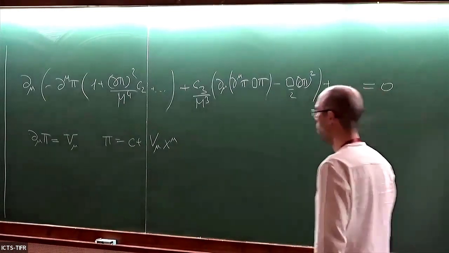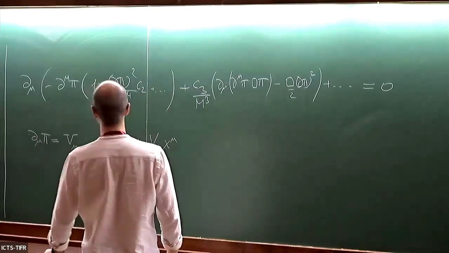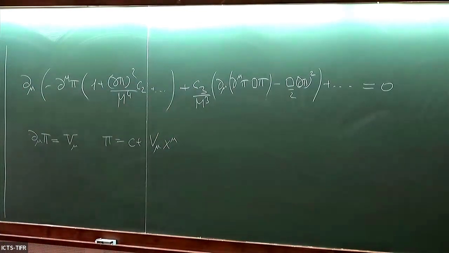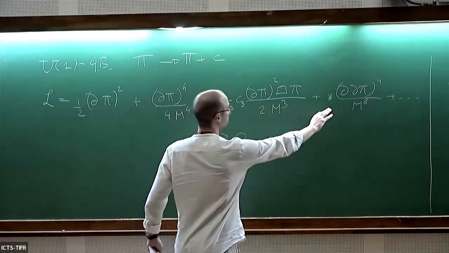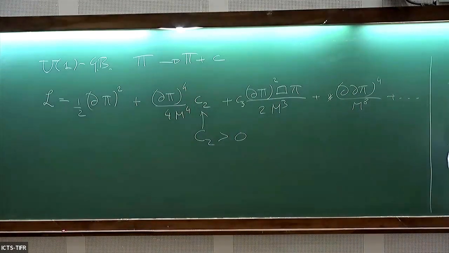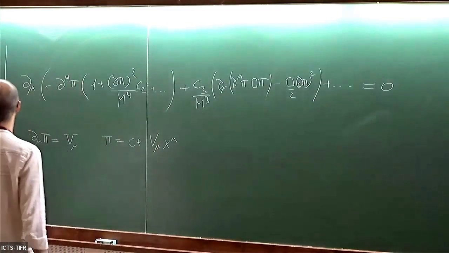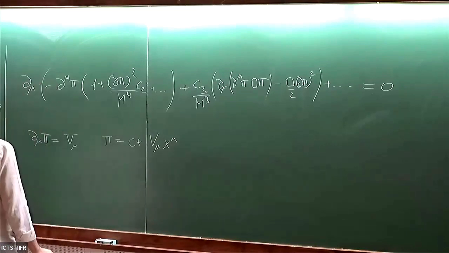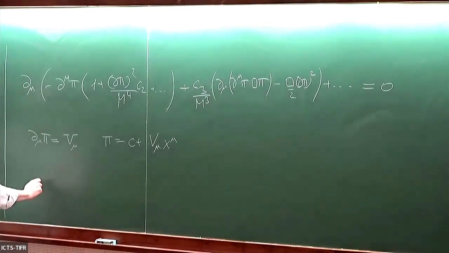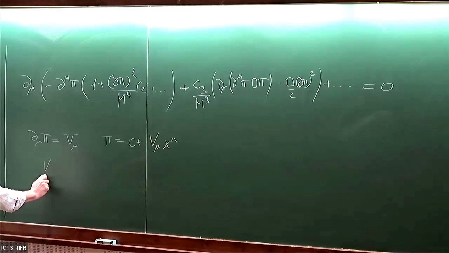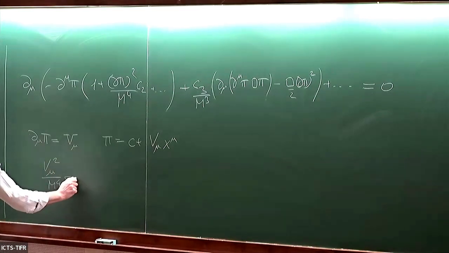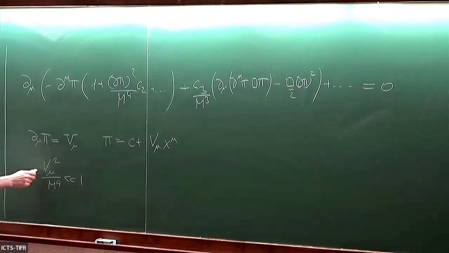It happens also for superfluids, for example; it's also a solution. Let's focus on this case first, where we are neglecting higher derivative corrections. This is going to be a good approximation as long as v_μ squared over M^4 is much smaller than 1, because this is nothing but (∂π)^2 over M^4 on the background.